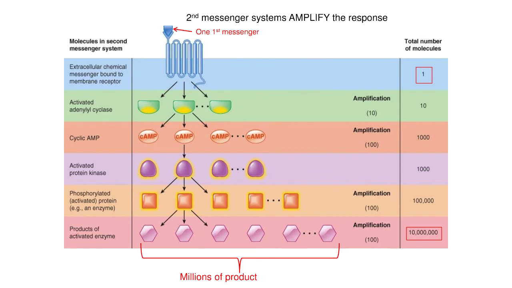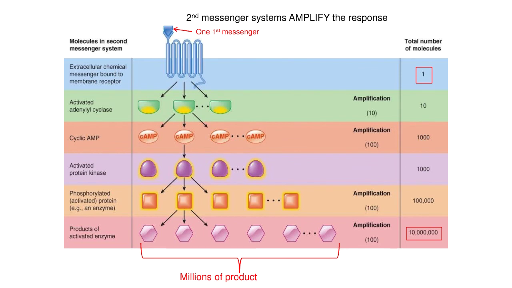So you can see at the top there, our one first messenger ended up amplifying the response. Each different protein, each different molecule on the inside was able to amplify the response. So starting with one chemical messenger, we ended up with millions of product at the end. I have 10 million at the end there.